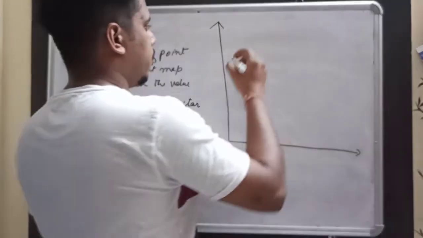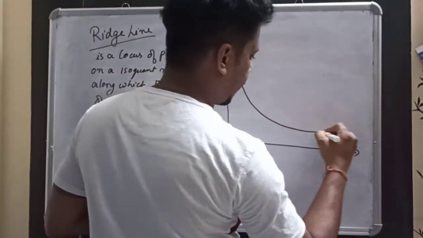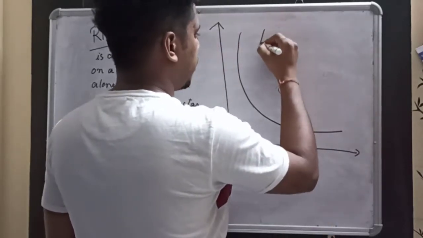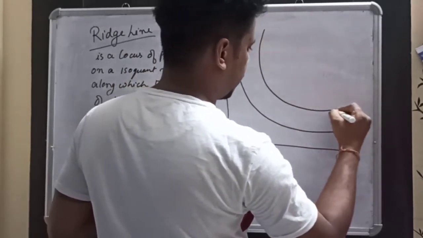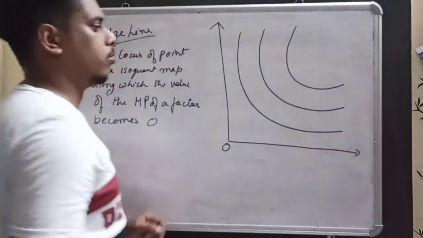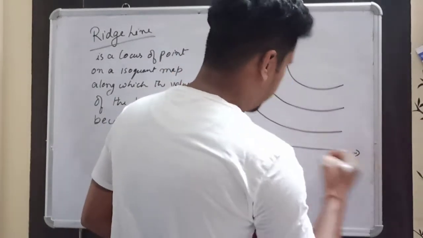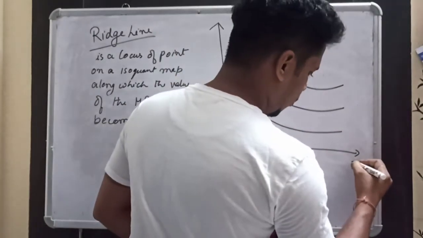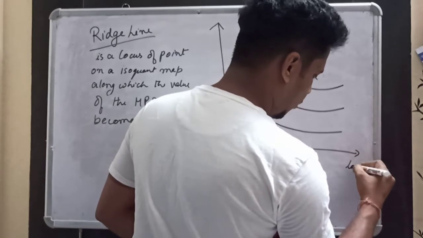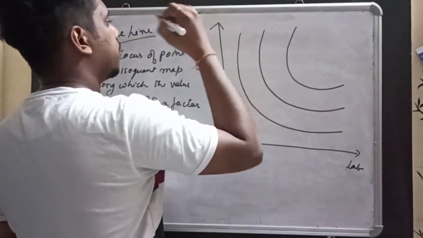First of all, you have to draw a set of isoquants, an isoquant map basically. So this is the set of isoquants, and on the x-axis we shall measure labor, and on the y-axis we shall measure capital.